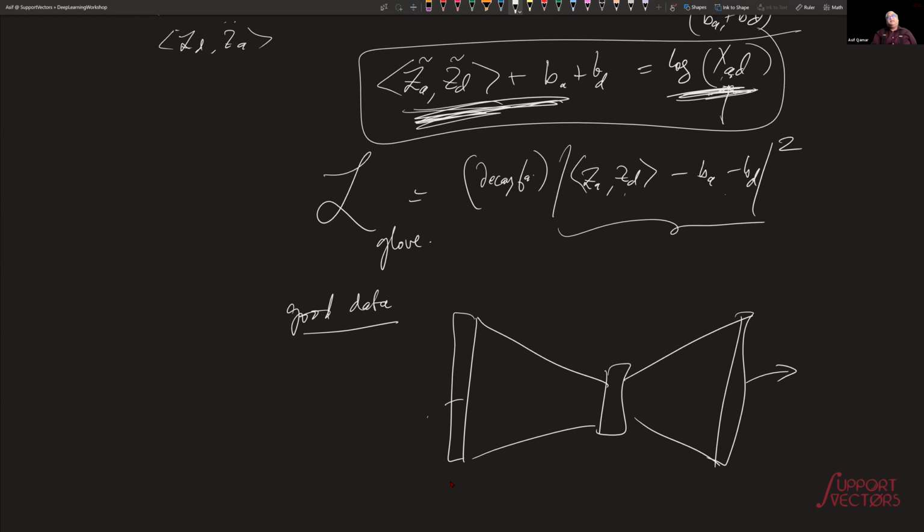So what will happen is this thing will learn. There'll be an abstract encoding that the network would have learned. You only show it good data. And then suddenly you show it an anomaly, right? Guess what will happen to the Z of the anomaly? It will begin to stand out, right?